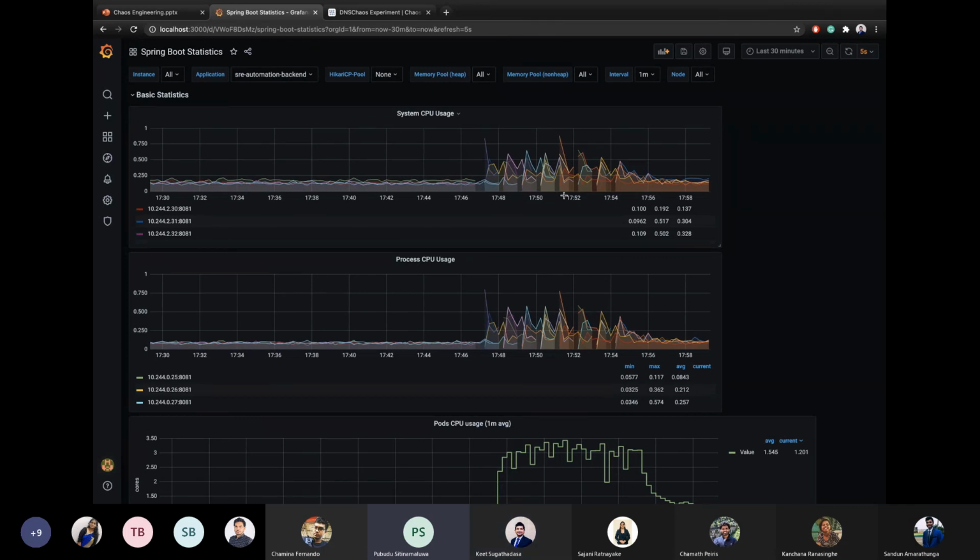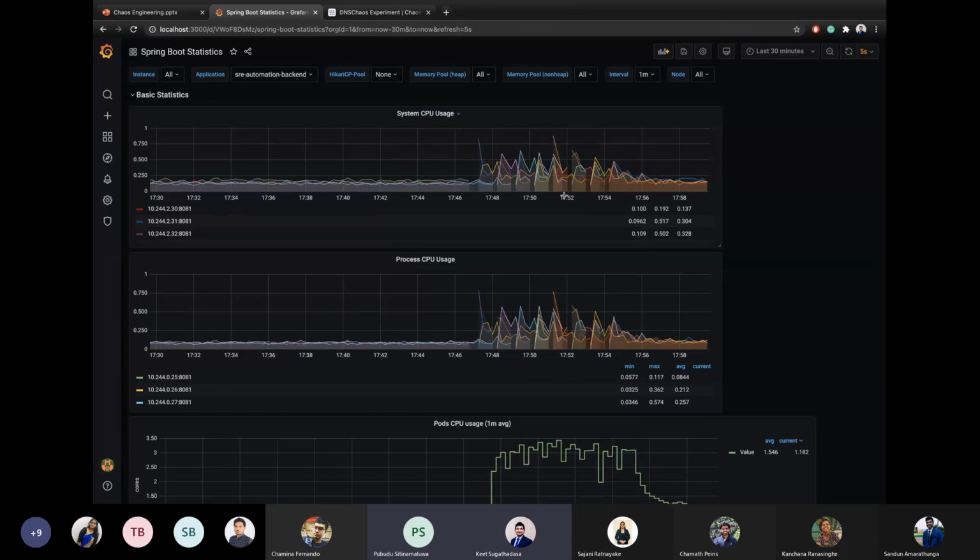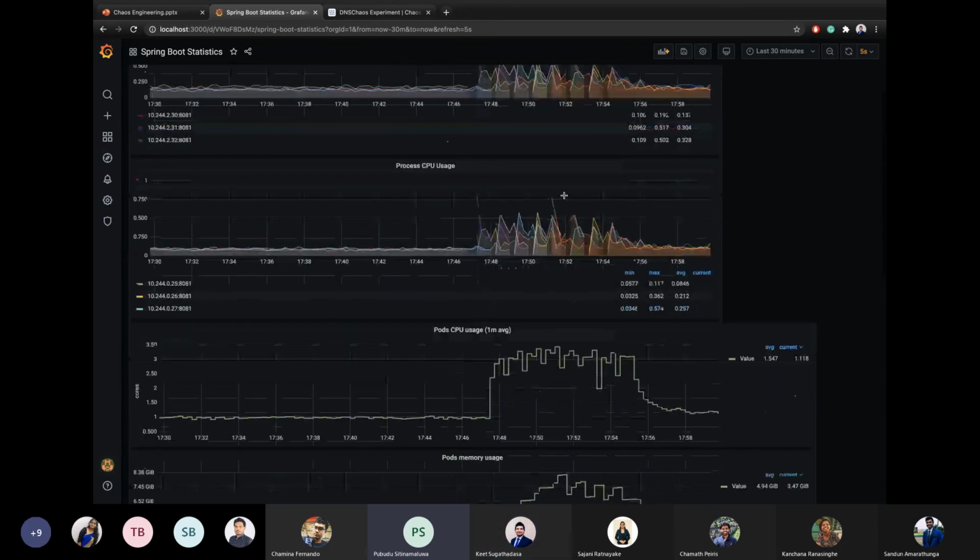When your system is quite reliable, then you can apply chaos engineering principles to see the unseen parts of your system. And it is also important to have a good set of metrics and a visualization platform, something like this. Otherwise, you won't be able to see how your system is behaving.